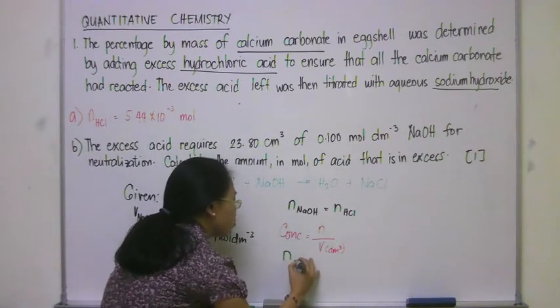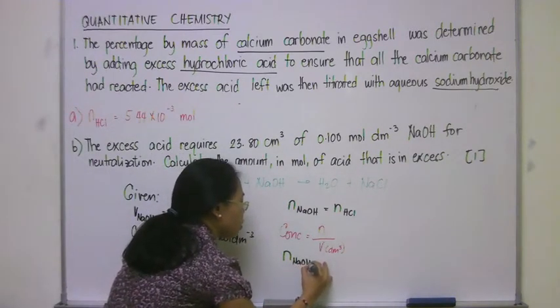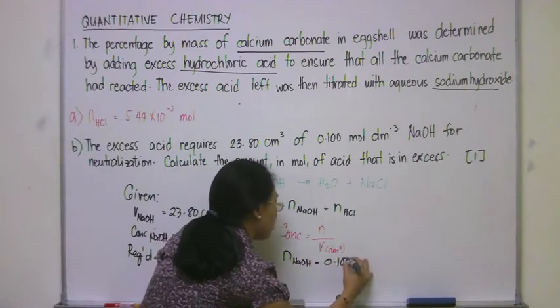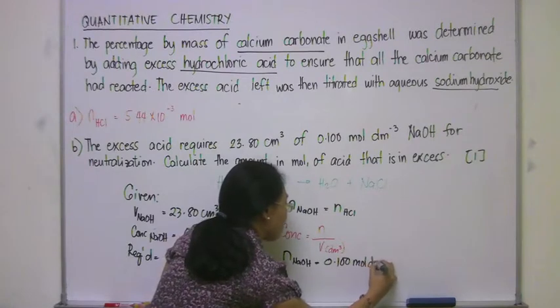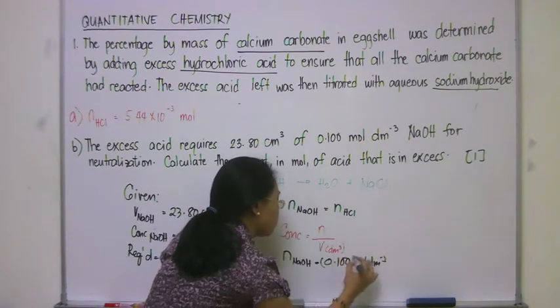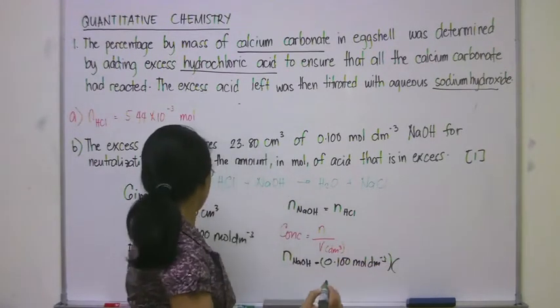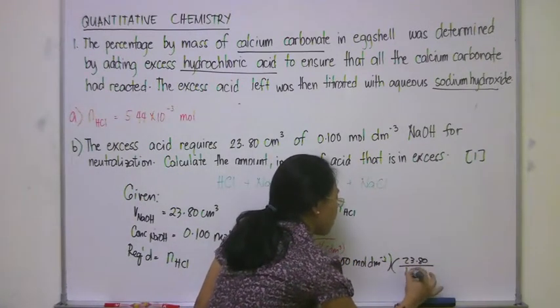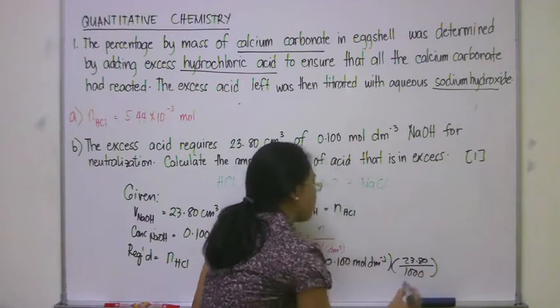Say for example, moles of NaOH is equal to 0.1 mole per dm cube times the volume, which is 23.80 divided by 1000.